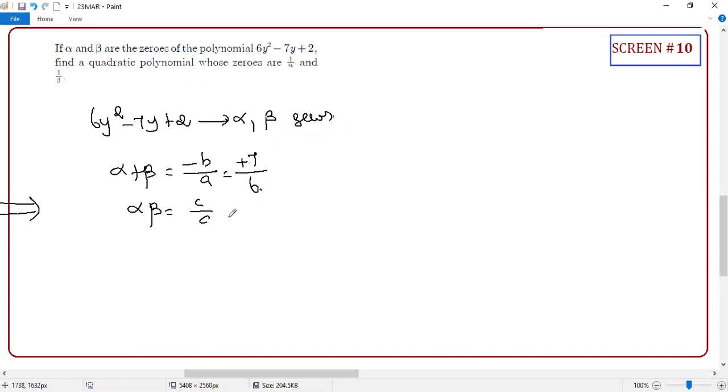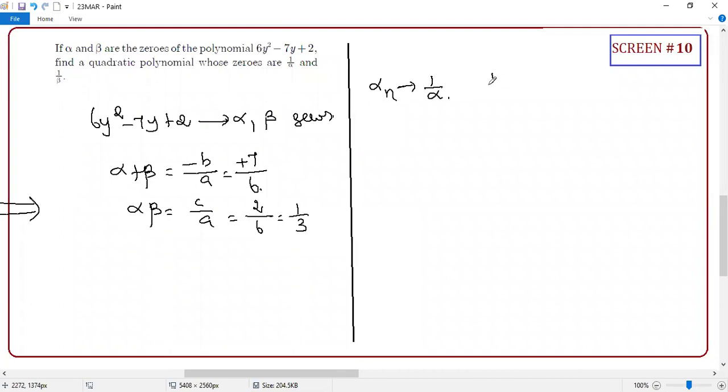Product of roots is c by a, 2 by 6, which is 1 by 3. Any doubt? So you can find both alpha plus beta and alpha into beta. Now it's time to find the new roots. Alpha n equal to 1 by alpha, and beta n equal to 1 by beta. Can you find the sum alpha n plus beta n? That is 1 by alpha plus 1 by beta.